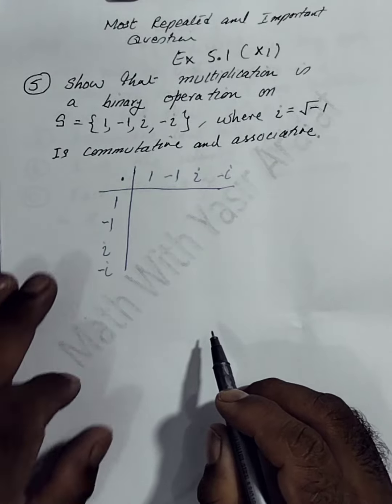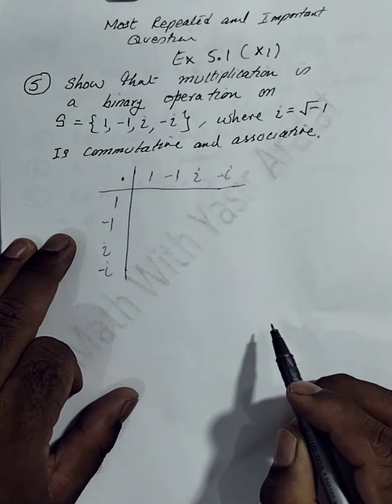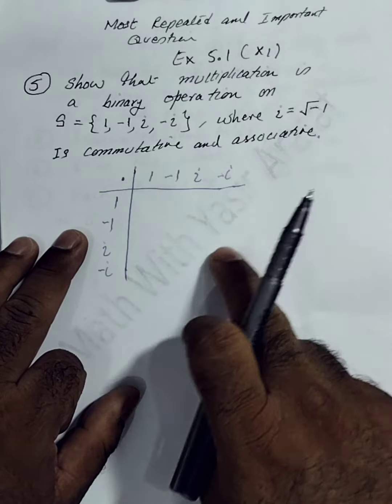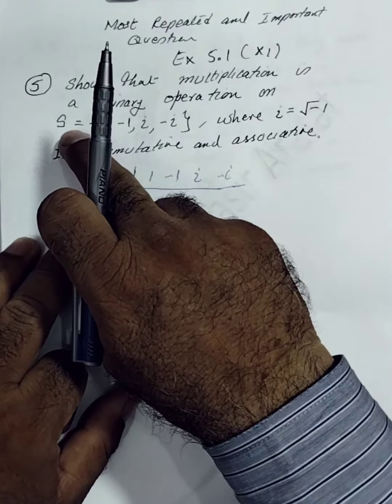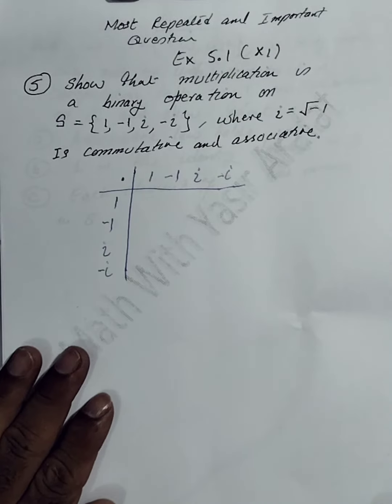One by one we perform the multiplication, and if all results belong to the set S, then multiplication is a binary operation on S.